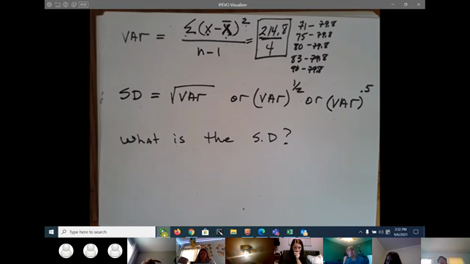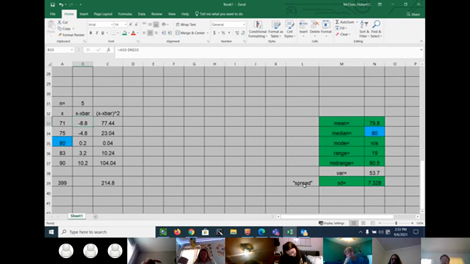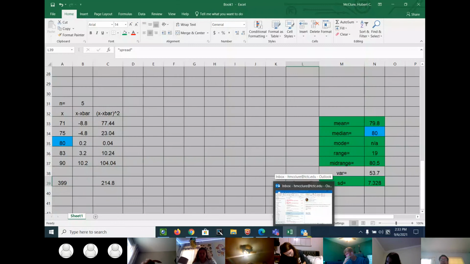Isn't it like how far your original numbers are from the mean? Good job. I am impressed. It is the spread. Just like he said, the spread. If the spread is large, that pretty much means the error is large. If the spread is small, that means the error is small.